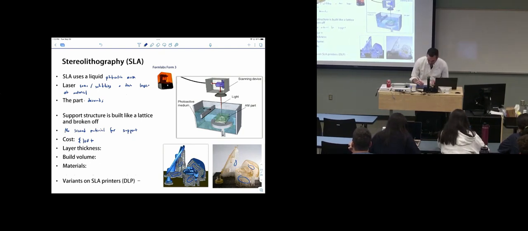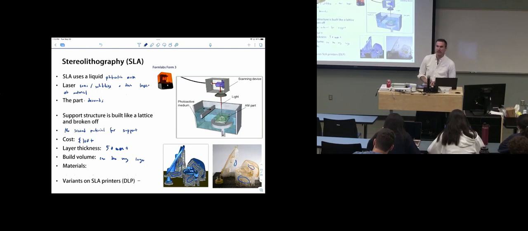Layer thickness is going to be about 50 microns. Plus, build volume can be very large. One of the benefits of this type of printer is you can make it really large. Materials are all photopolymers.